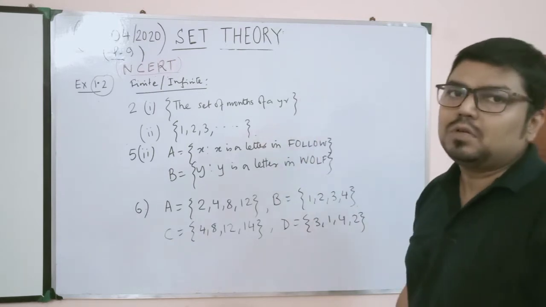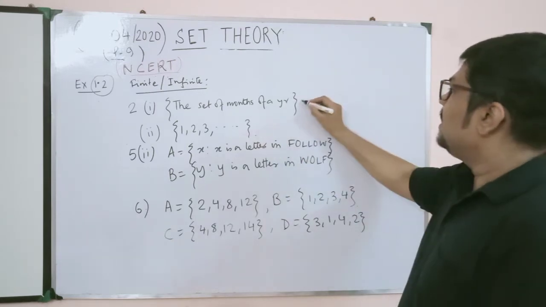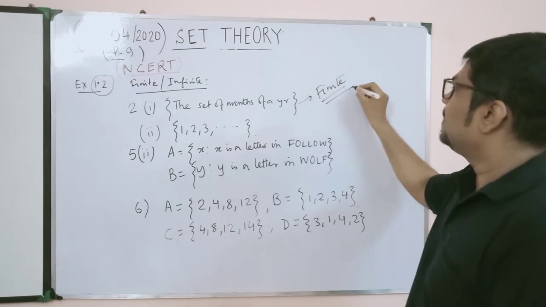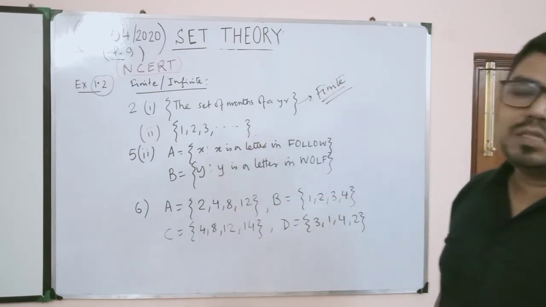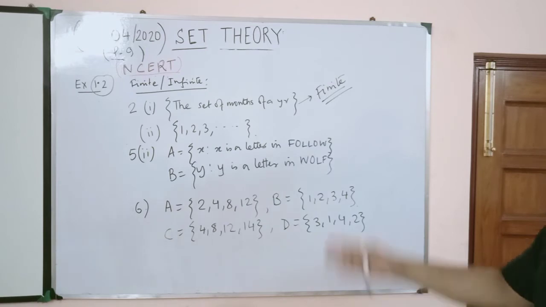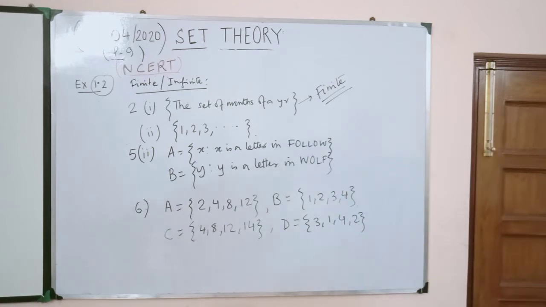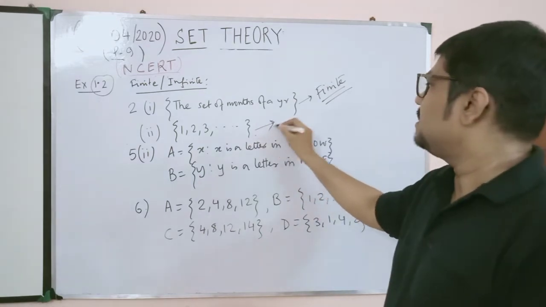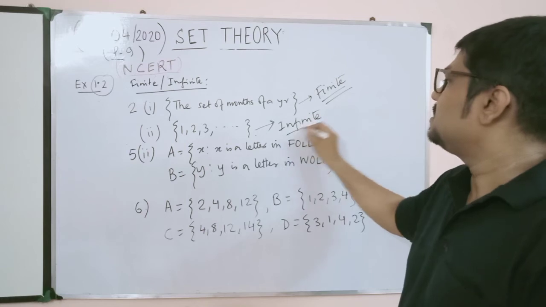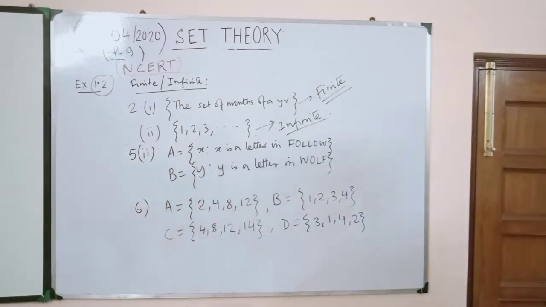Set of months, there are 12 months, those are countable, so this will be finite. Now here you can see the positive integers, the natural numbers, going on and on. So obviously it's defined, but it's an infinite set. These are the kind of sums you will get.